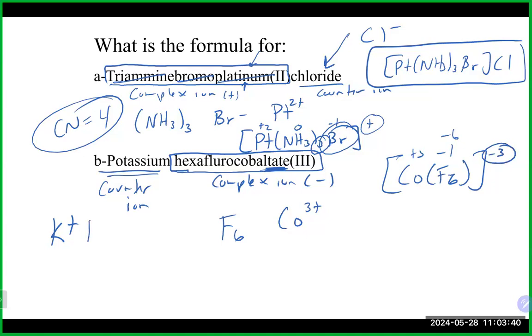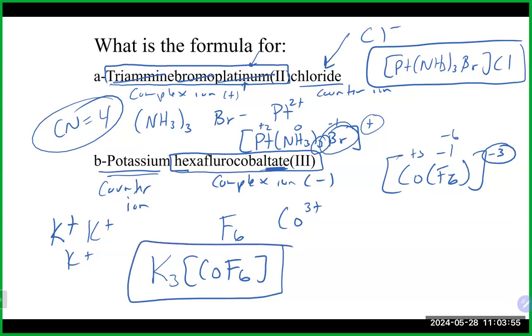That means that we do need not 1, not 2, but we do need 3 of these counter ions to balance it out. So putting that together, K3[CoF6], you could actually just do F6 without the parentheses if you want. It'll look something like that. Any question on that one there?